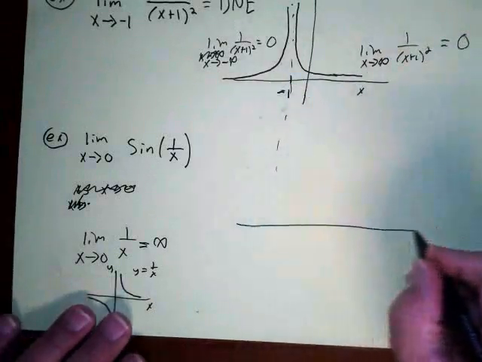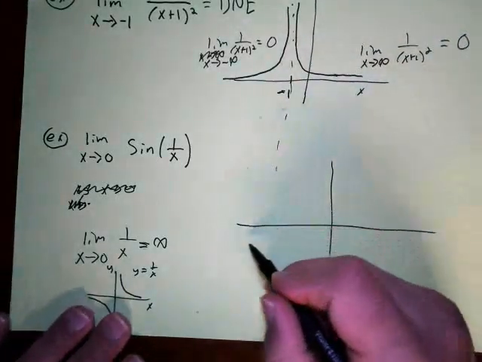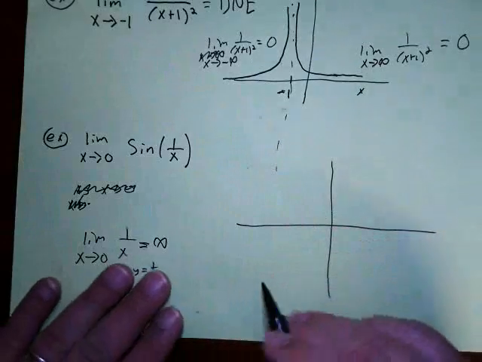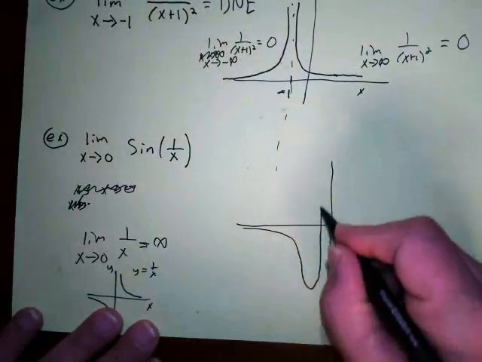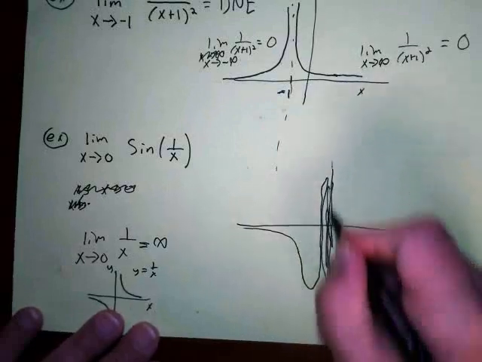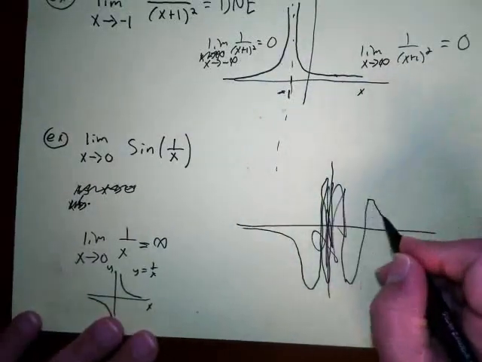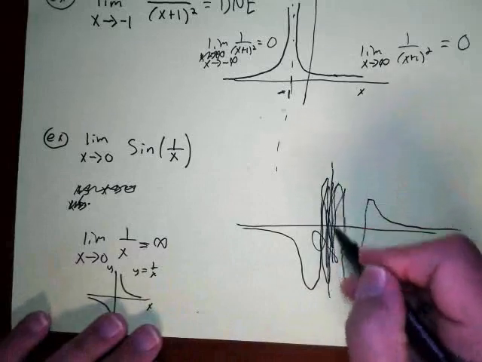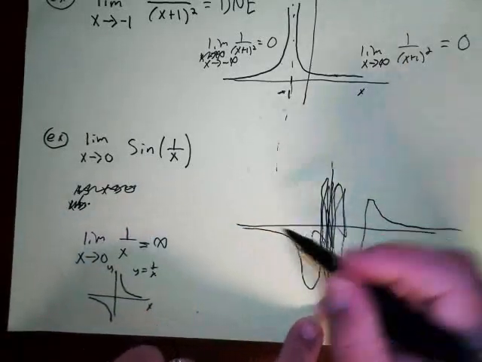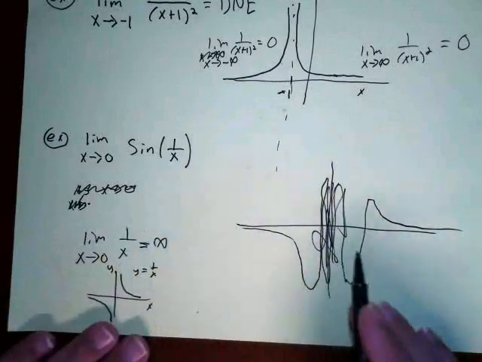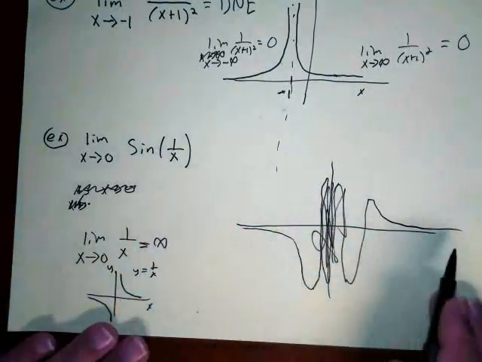So this graph here is coming from here, and then it just goes crazy in here. As you approach 0, it oscillates more and more and more, because as you're approaching 0, your sine argument is going off to infinity.